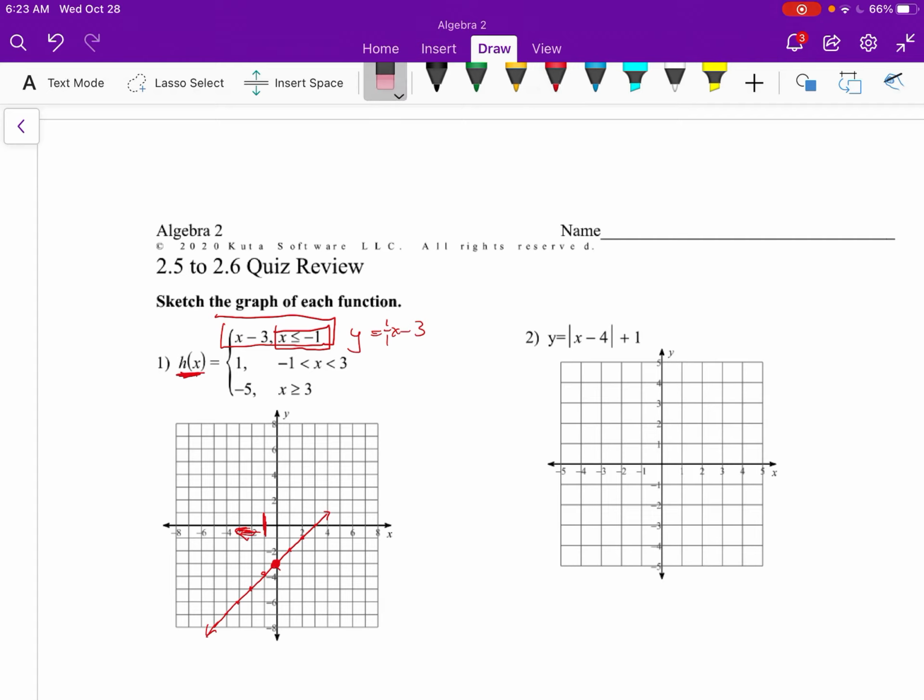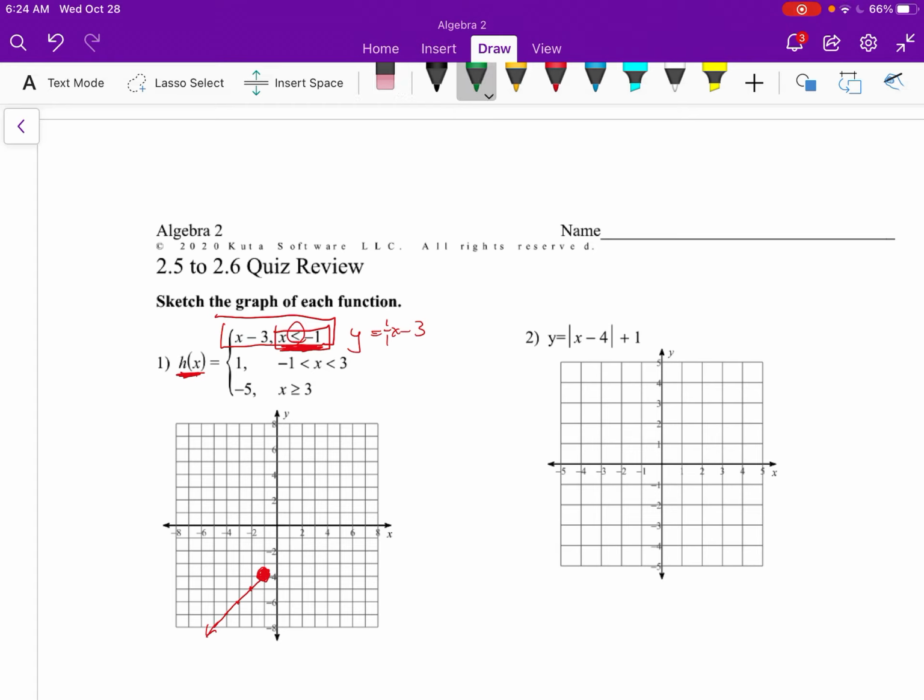So we are going to erase everything up till negative 1. And so here's negative 1. The x value is negative 1. We're not looking at the y value. It's the x value that is negative 1. It's or equal to, so it's going to be a closed circle. And so that's the graph that we want right there for that part.